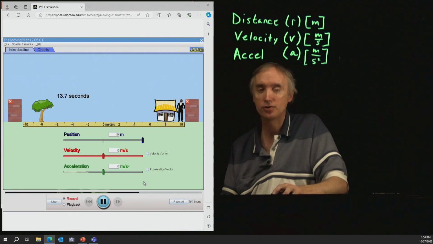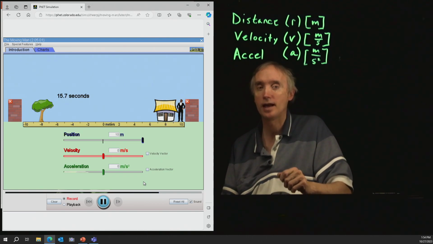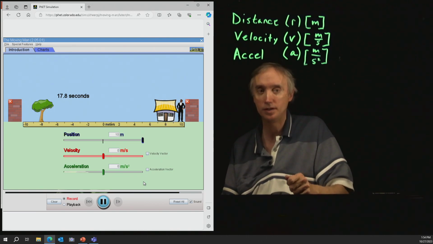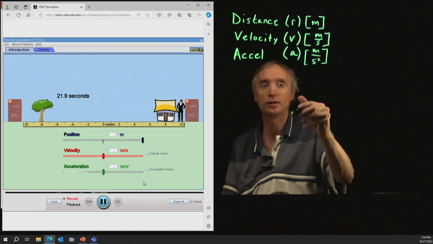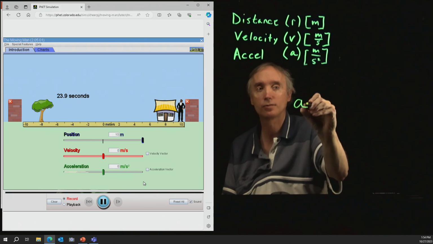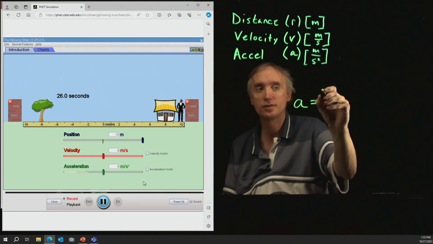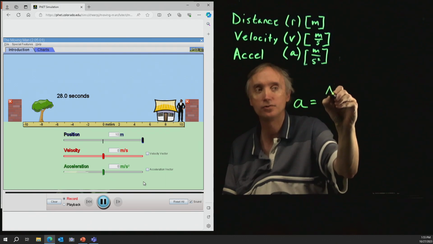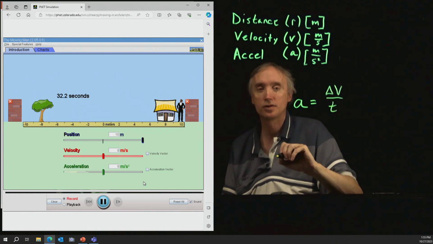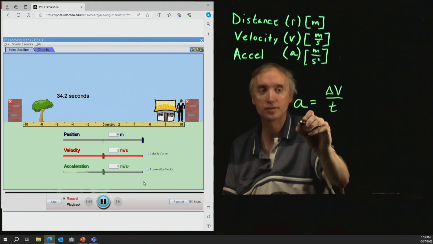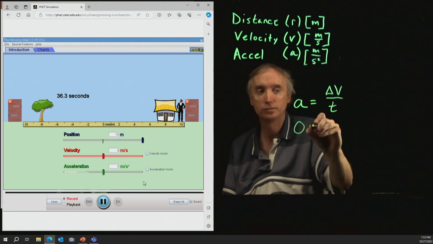So you should have noticed he was traveling at a constant speed. So this is very important. So we had this formula that said your acceleration a was equal to the change in your velocity over time. So in this simulation, the acceleration was 0.